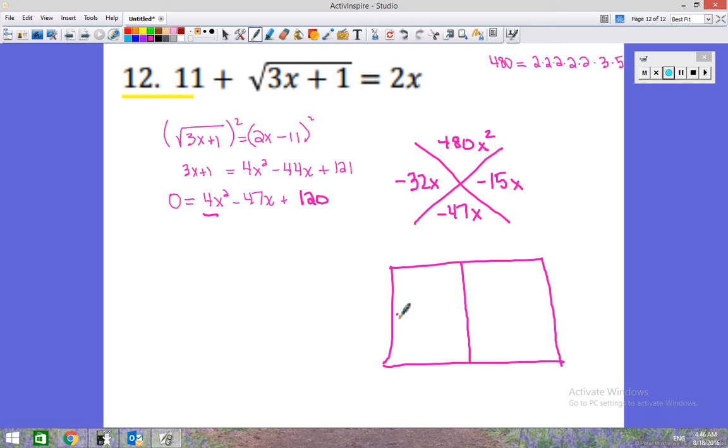This time, the information that we get from our trinomial, we put along one diagonal in the interior of the table, and the two values of the X go along the other diagonal. Along a diagonal they could change places, that's not important, but they do need to be diagonal to each other.